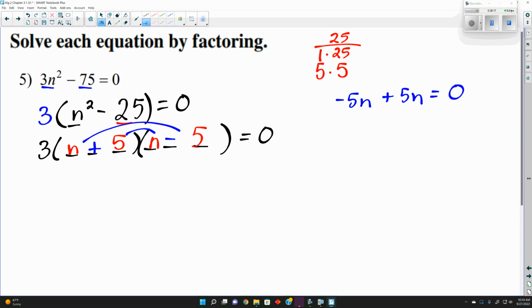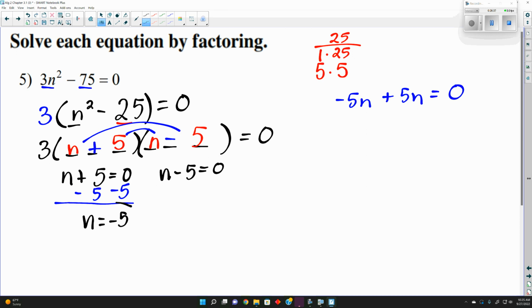And now we can solve it because we have two things multiplied together to equal 0. So n plus 5 is 0, or n minus 5 is 0. And again, just like we did before, here we can subtract 5 from both sides, telling us n is equal to negative 5.